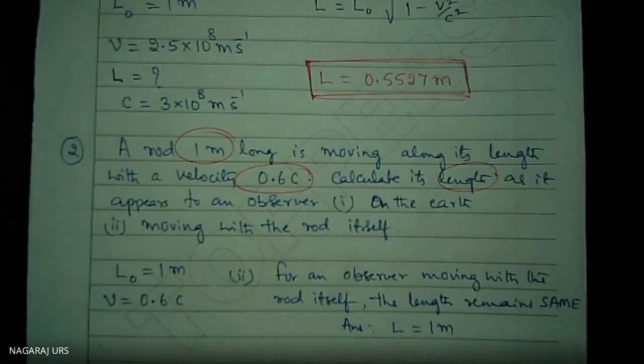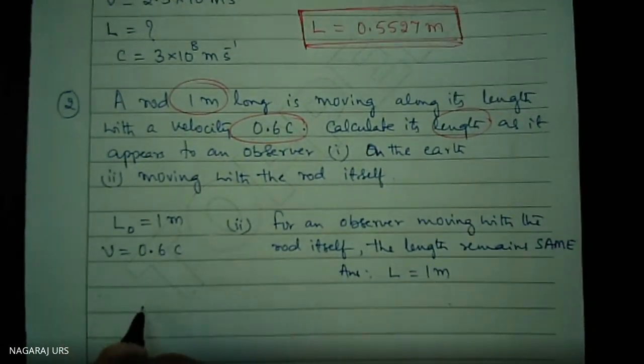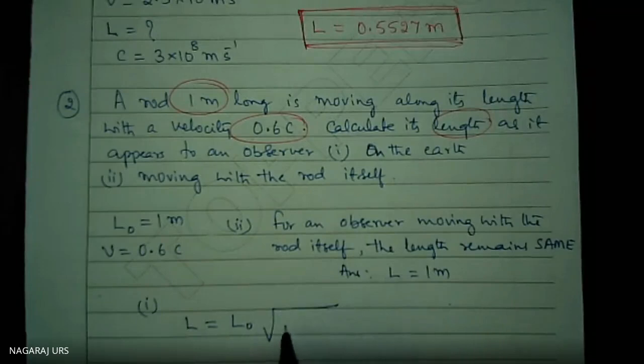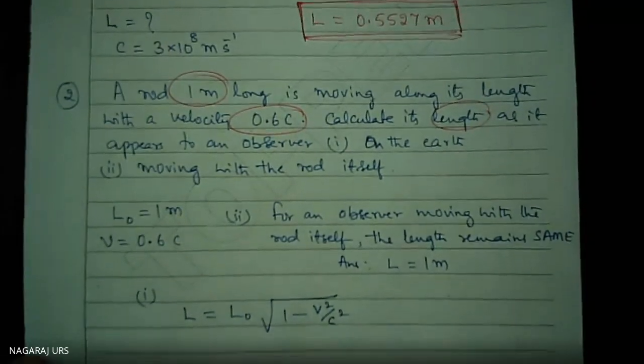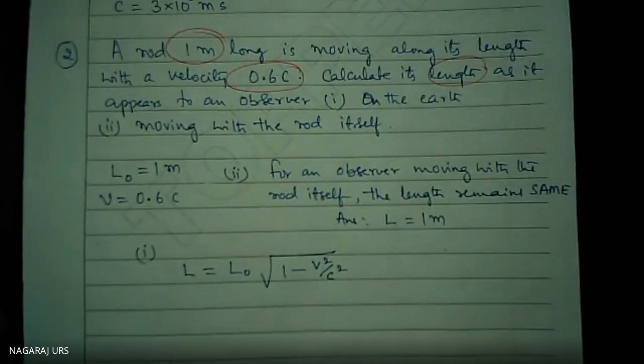No change in it. But for the first question, we have to calculate L, which is equal to L naught times the square root of 1 minus v square divided by c square. Now we make the substitution.